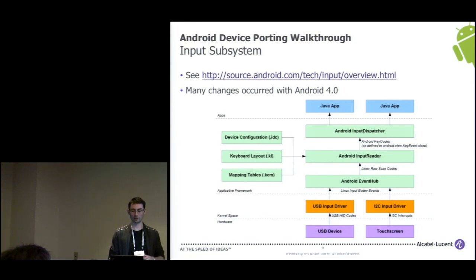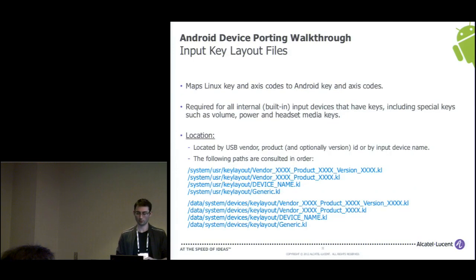We will see that just after, but the goal of the input reader is to make a mapping between the raw scan codes that you see below and these definitions that you may define in the user space. And then it provides some new codes which are not Linux compatible, but which are really Android key codes. And then it forwards them to the input dispatcher, which has the responsibility to provide them back to the application. So we'll see that with an example for the touchscreen afterwards.